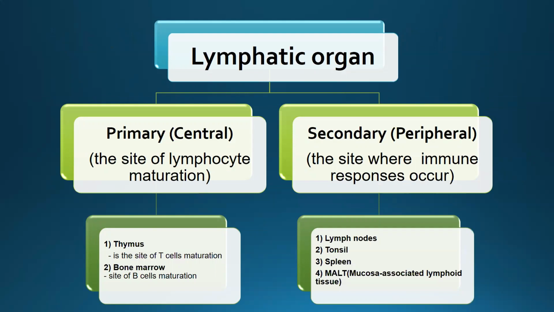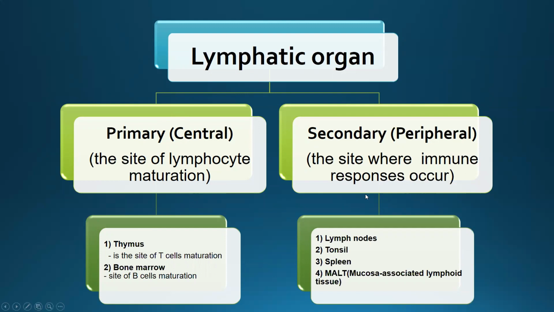Now we go to the lymphatic organs. Before I go into details about all the lymphatic organs, they can be divided into two: number one is the primary lymphatic organ, and number two is the secondary lymphatic organ. The primary, or central, is the site of lymphocyte development and maturation, and for some of them just maturation.